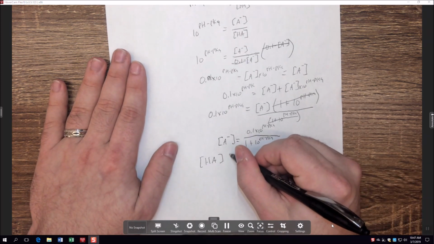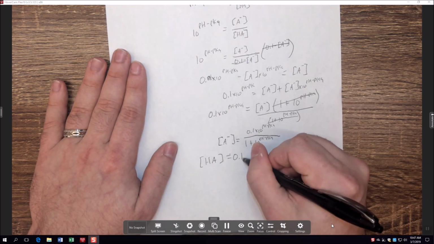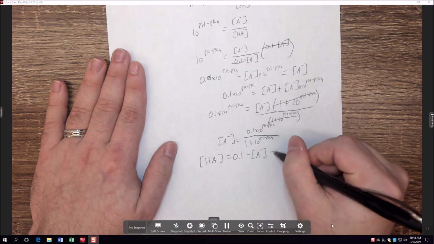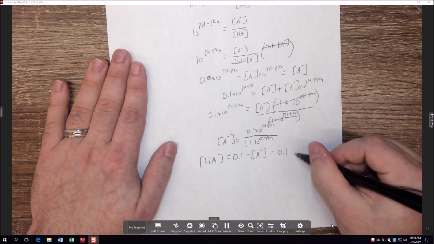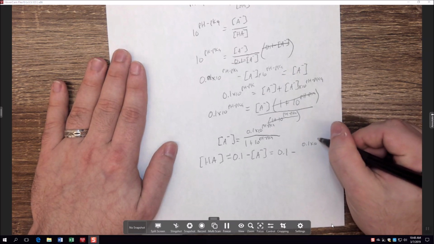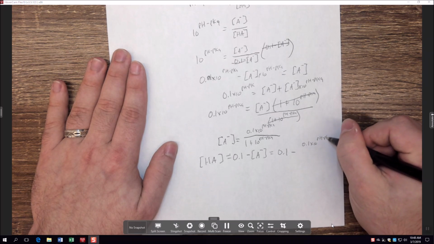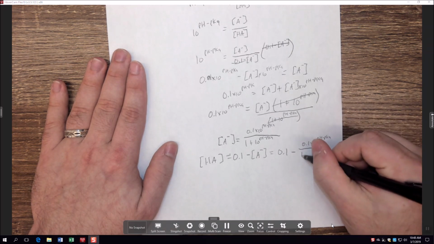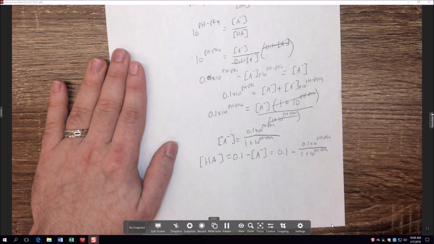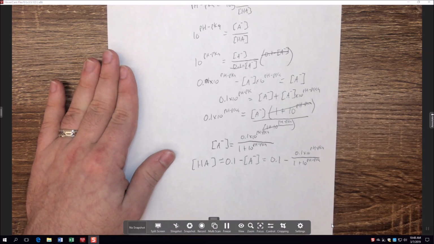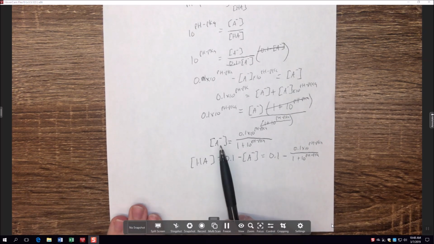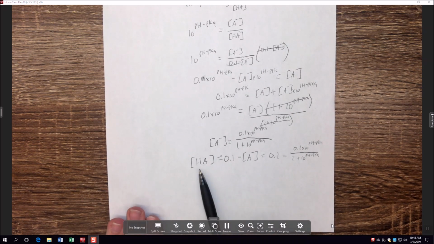So the concentration of HA is equal to 0.1 minus the concentration of A minus, which is 0.1 minus 0.1 times 10 to the pH minus pKa divided by 1 plus 10 to the pH minus the pKa, which is some nice simple math for you to be able to solve. So now you can have the concentration of the A minus, the concentration of the HA.